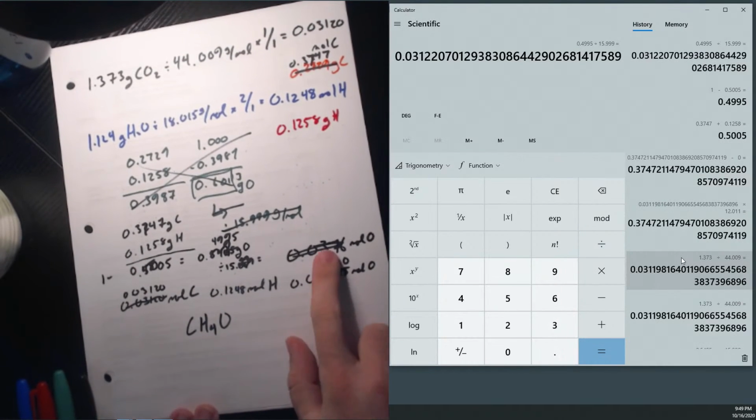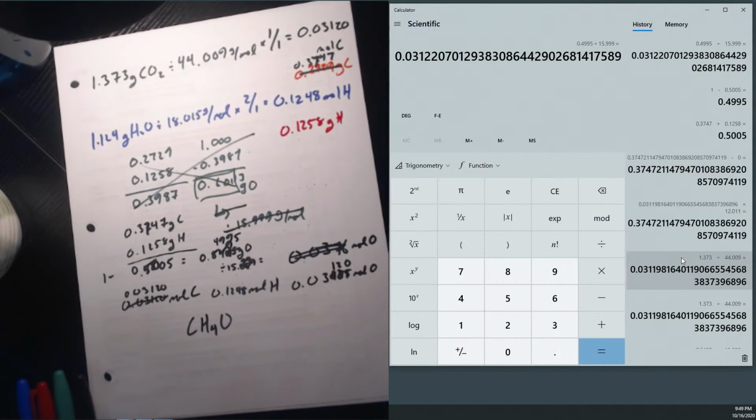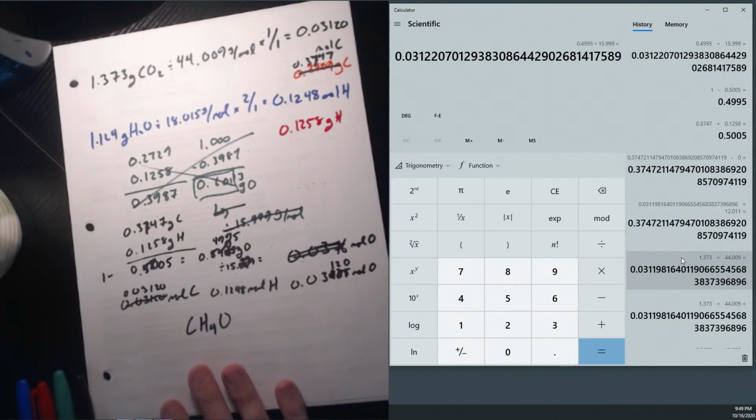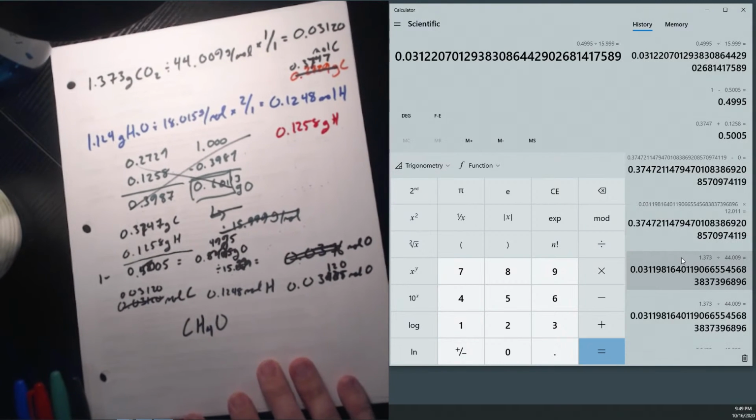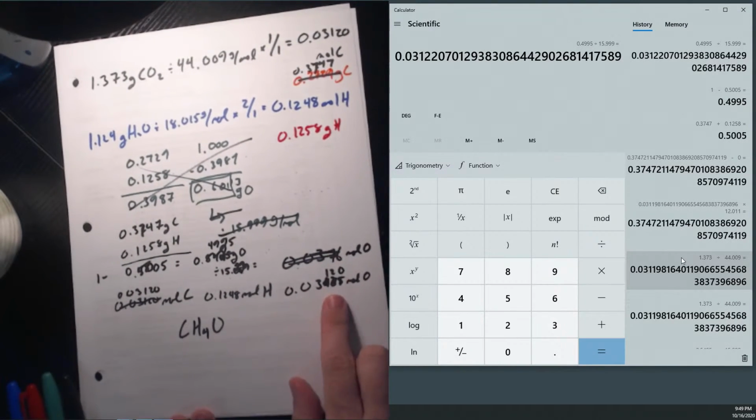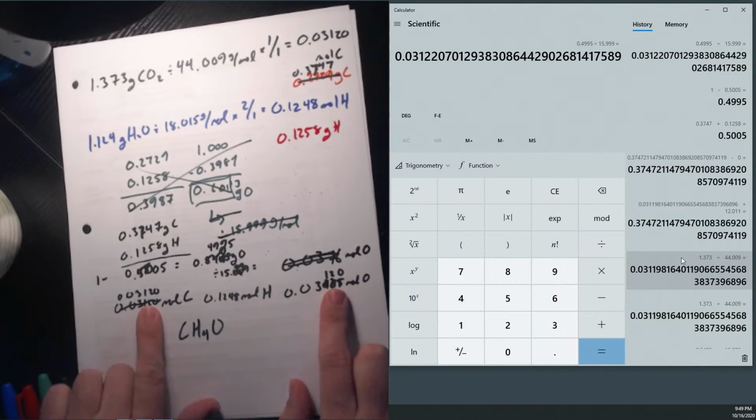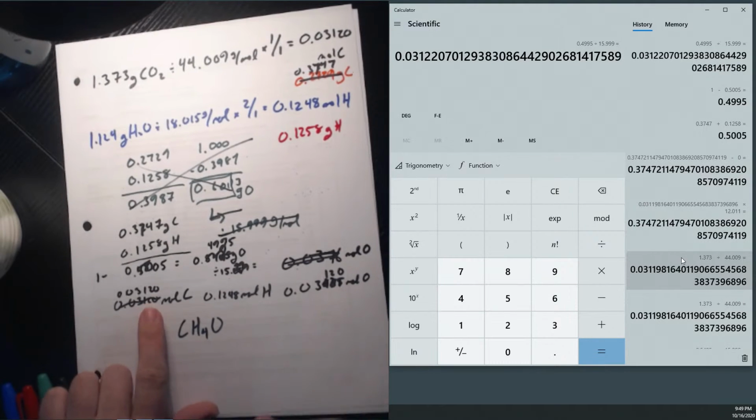So the fact that it kept on coming up with these weird numbers that were close but not quite right, that's why I was thinking that there was a mistake there. It should be either almost exactly the same or a whole number multiple, not something that's just a little bit off.